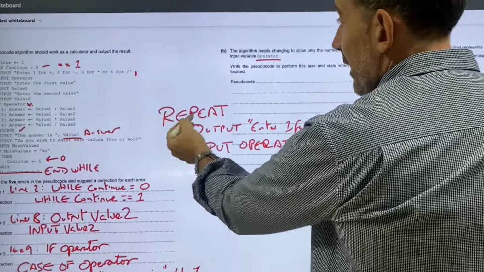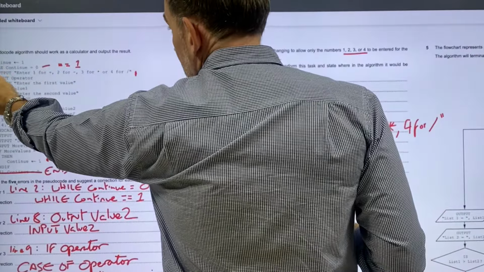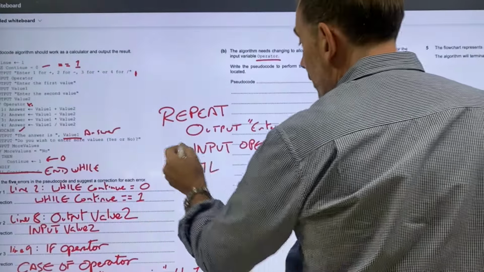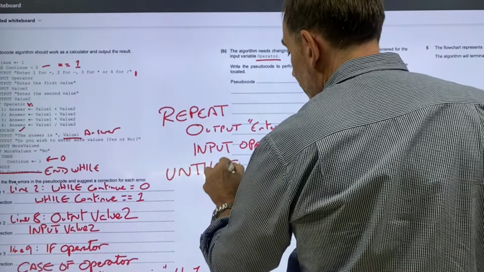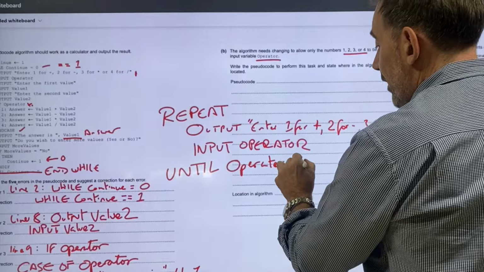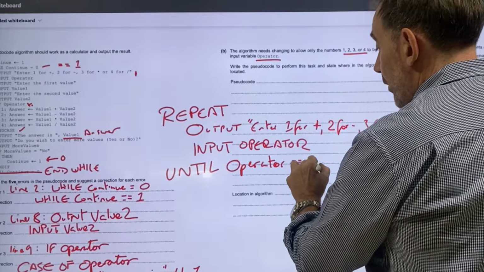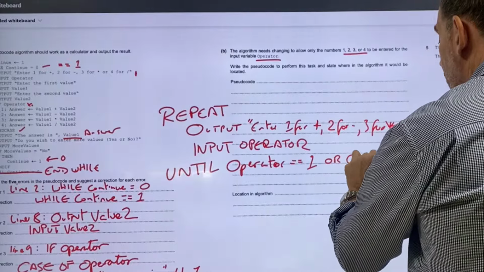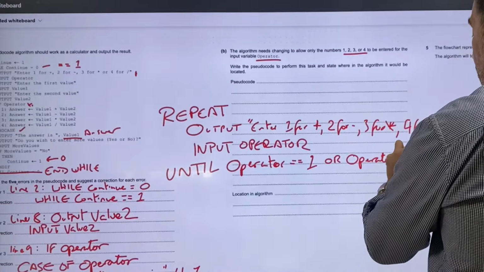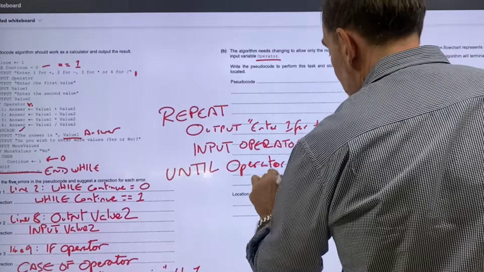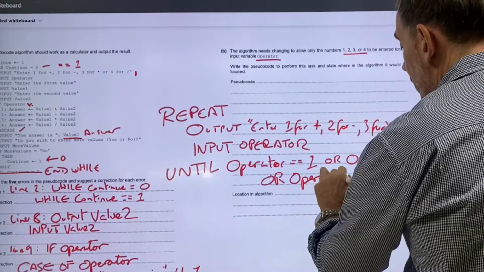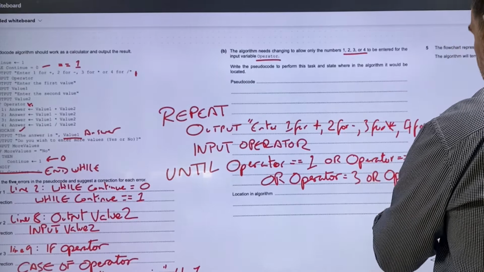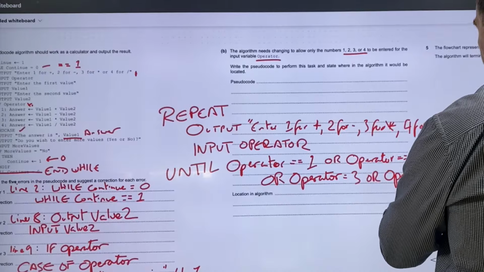I'm going to repeat those 2 lines here until what? Until operator equals 1 or operator equals 2, or operator equals 3 or operator equals 4.